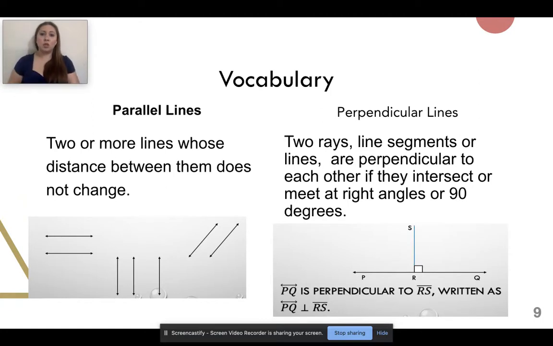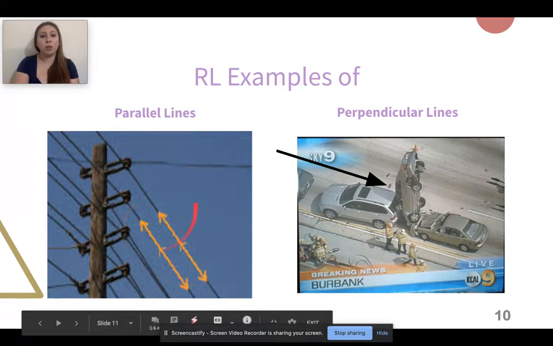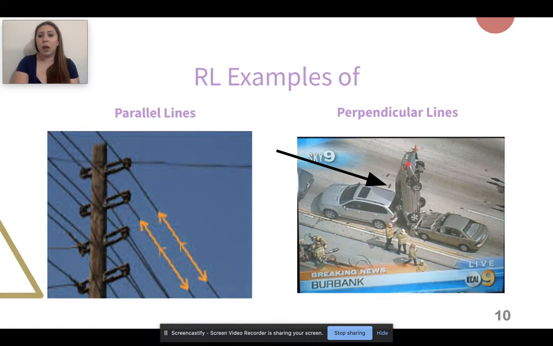So two rays, a line segment or lines are perpendicular to each other if they intersect or meet at right angles or 90 degrees. Parallel lines examples would be like the electrical lines up on top. This is a funny one. Perpendicular lines would be like this, because you know that happens all the time.